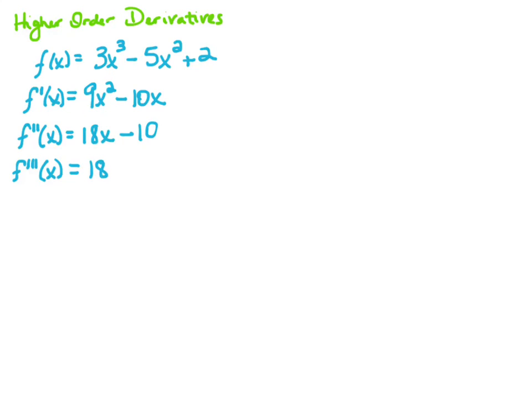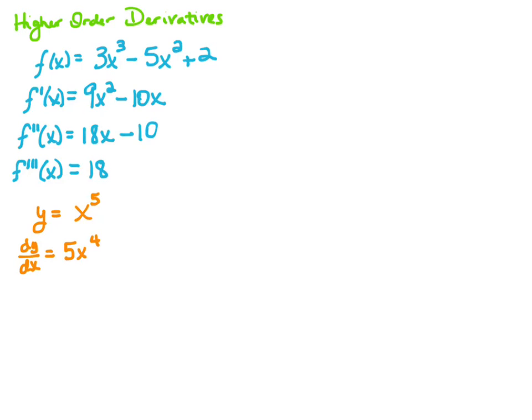Let's look at one more example just to see how the other notation looks when we're taking higher order derivatives. Let's say that we have y equal to x to the fifth. Now our first derivative we call dy dx, and this would be 5x to the fourth.